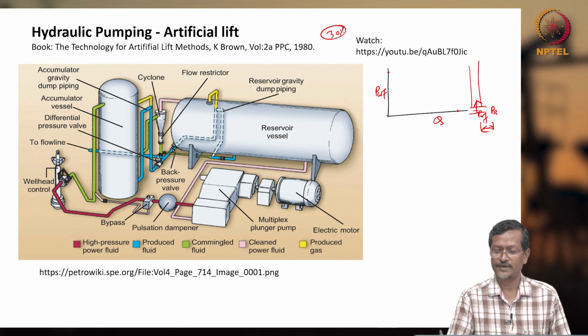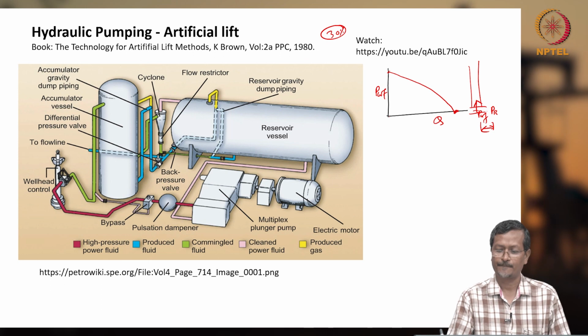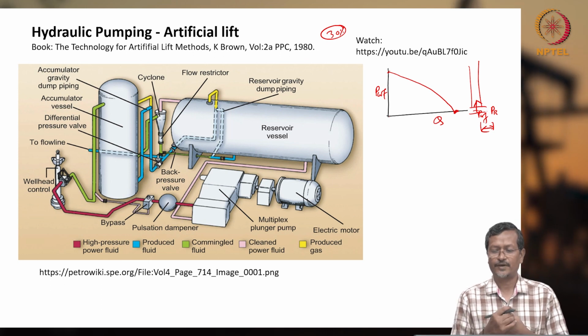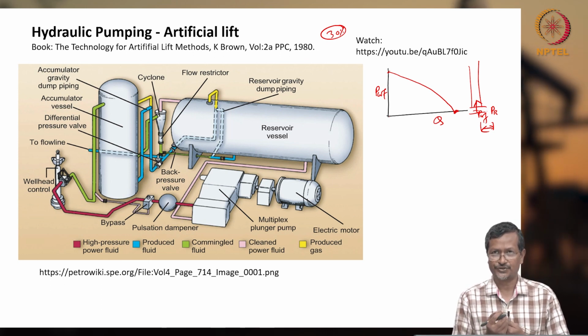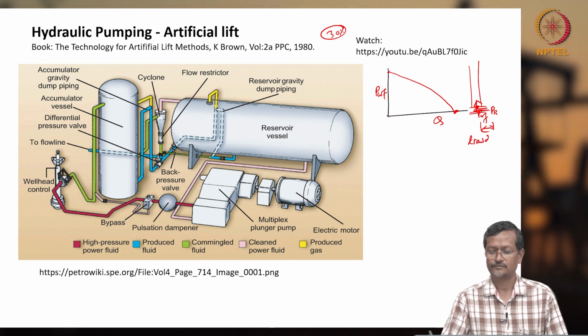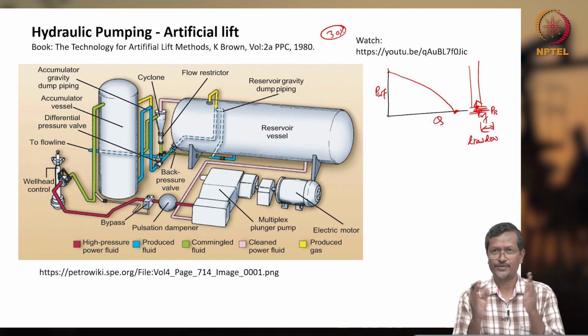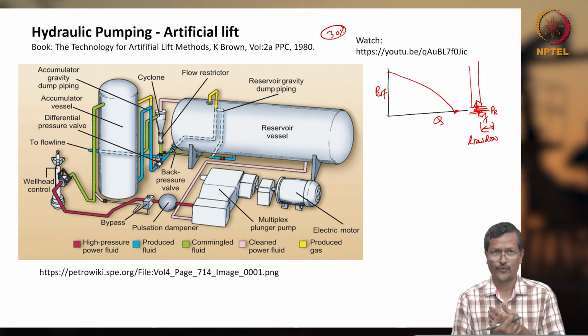If PWF is zero, then your production may be like this. If you can make the flowing pressure zero at the entry of the wellbore, and the reservoir pressure is not changing anyway, then your drawdown, the difference between PR and PWF, is high, which means you get more production.